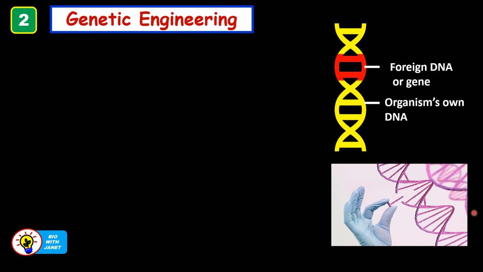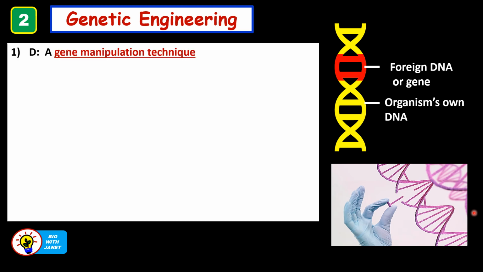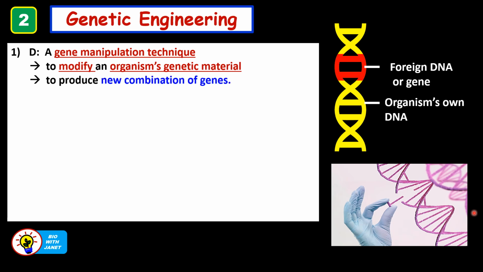So genetic engineering is taking the world by storm with its many applications in different fields. What actually is genetic engineering? It is a gene manipulation technique where genes can be moved around, can be cut, can be joined together by the use of enzymes to modify an organism's genetic material artificially through man-made ways, not through nature, to produce new combinations of genes.